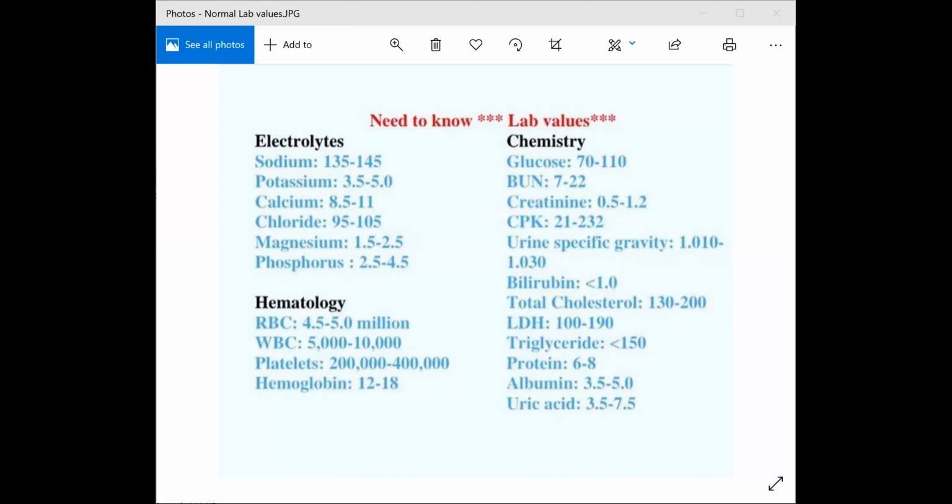So what would be some causes as to why an individual would have hypercalcemia? What would be some causes of that condition? What would be your thoughts? So what about a malignancy? They can have a malignancy.